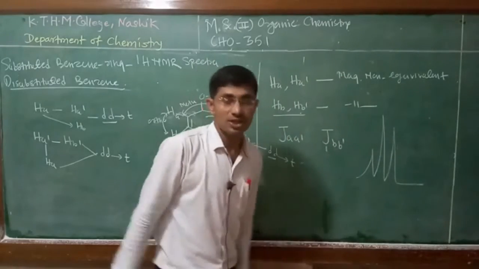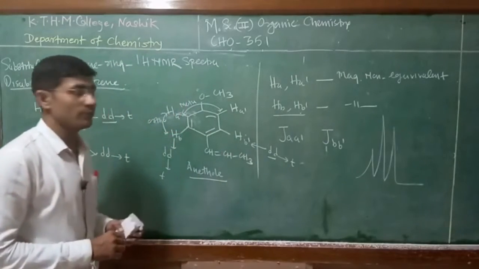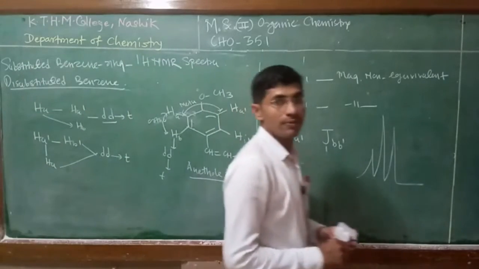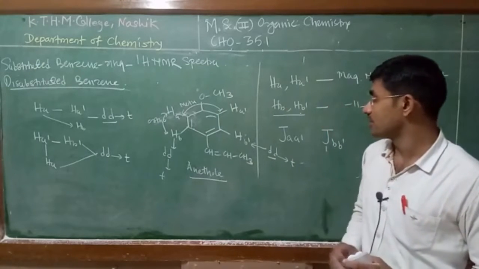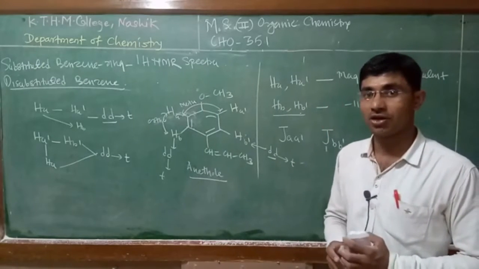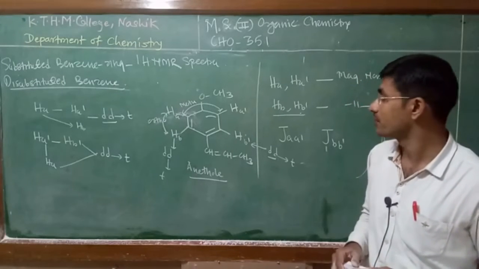This type of distorted triplet we can observe for this compound at high field, that is first order spectra. We observe the 4 distorted triplets for this naphthol compound.